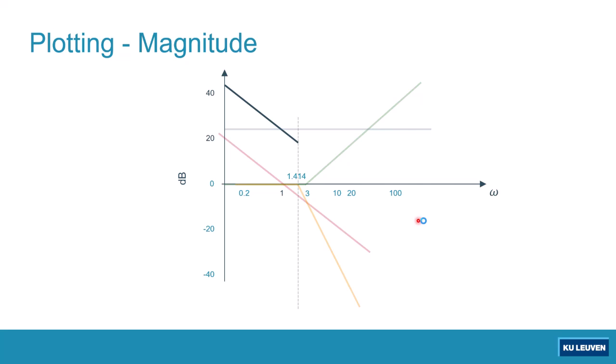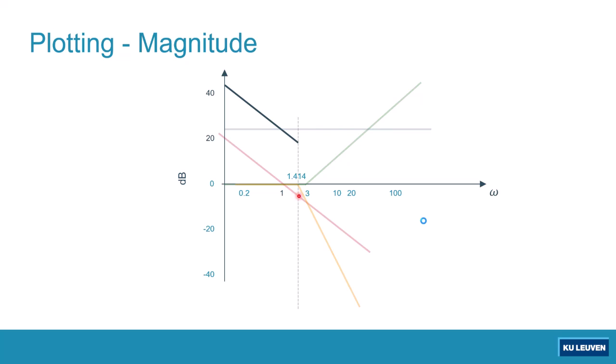At the low frequency region below the first corner frequency, I will have a negative 20 dB per decade line shifted up by 20 log 15. And then between the first corner frequency and the second corner frequency, from G1 I have 0 slope.